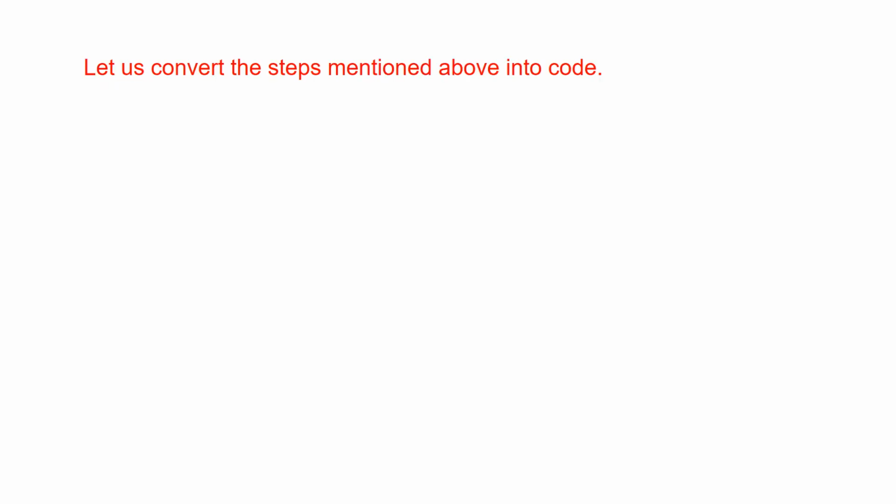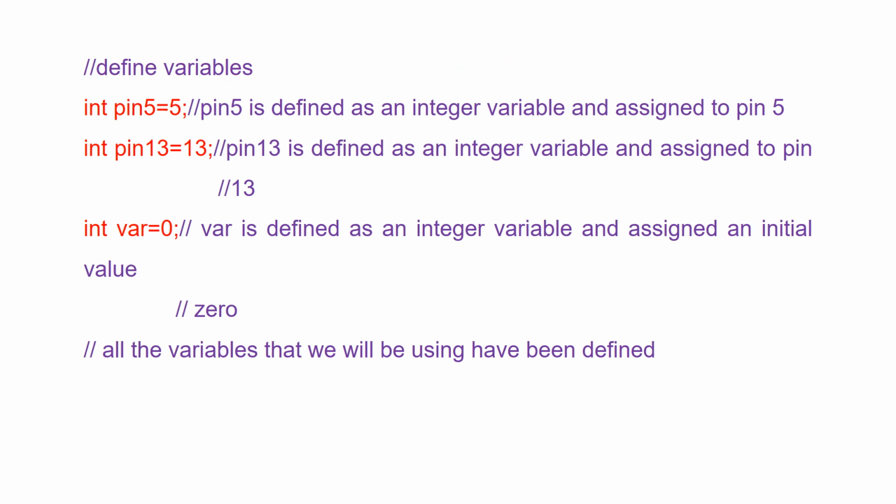Now let us convert the steps mentioned above into an Arduino code. First, we will define the variables that we will be using in the program. Int pin5 equal to 5. Pin5 is defined as an integer variable and assigned to pin number 5.